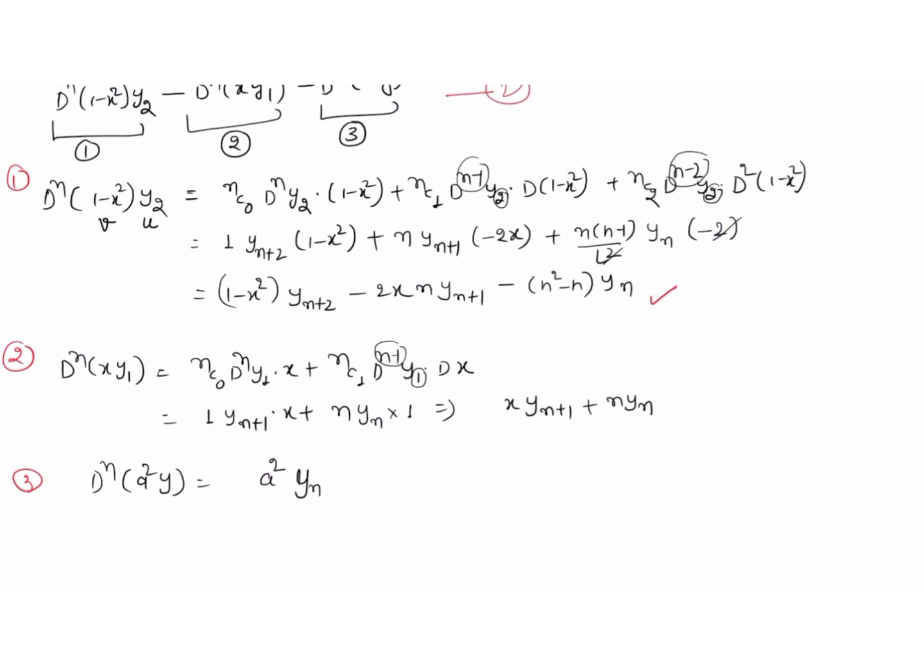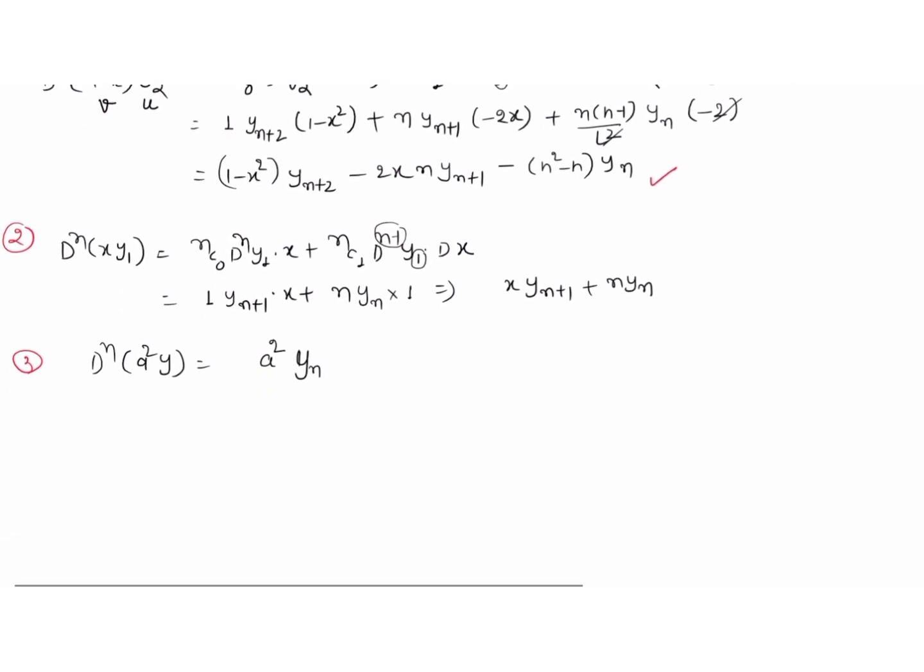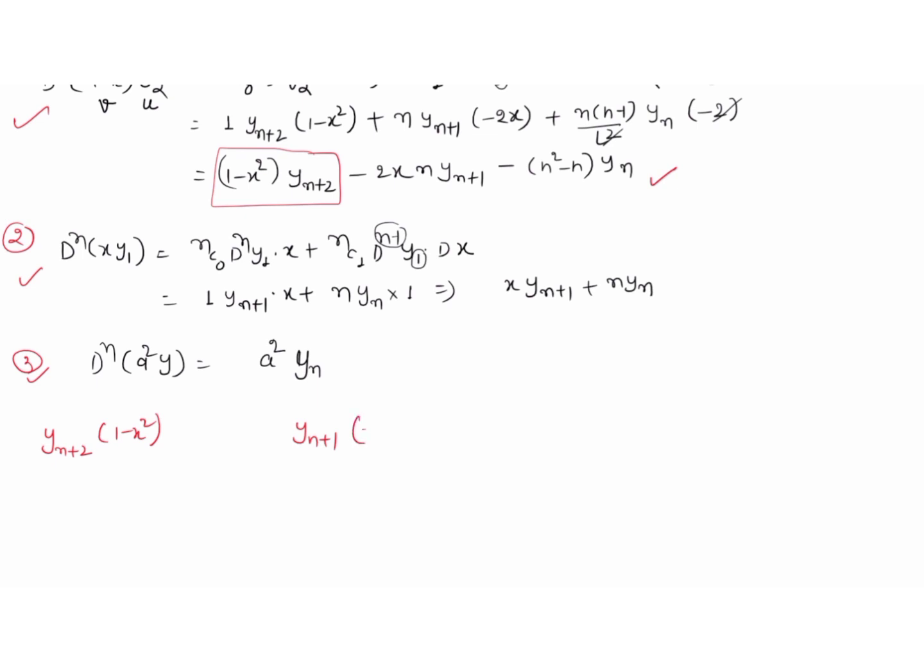Arranging in the same manner as equation 2, first write the highest order derivative of y, that is yₙ₊₂, and its coefficient is 1 − x². Now the coefficient of yₙ₊₁ we will arrange from all three terms. In the first term the coefficient of yₙ₊₁ is −2xn.